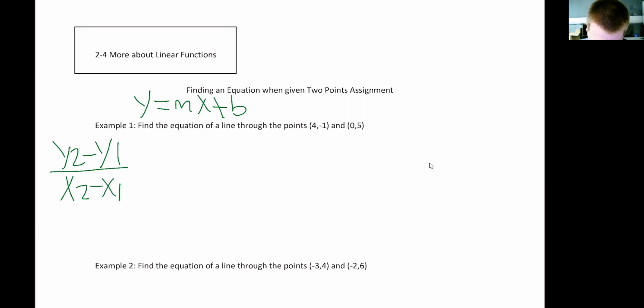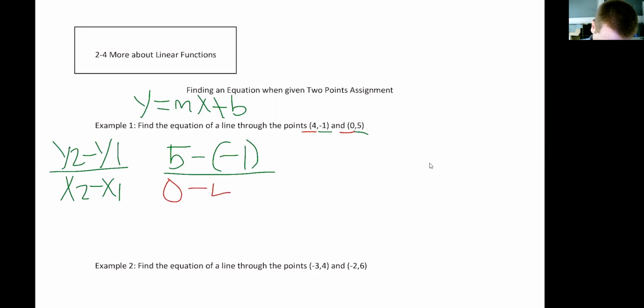If I plug in my values, always do the y's first. So 5 minus negative 1, all over, then you do the x's, so the 0 and the 4. Then you want to simplify this. 5 minus negative 1 is positive 6.